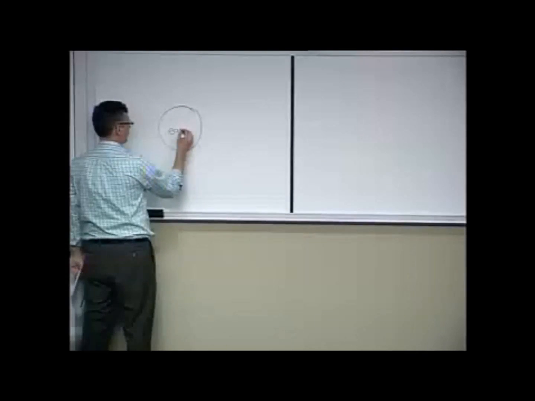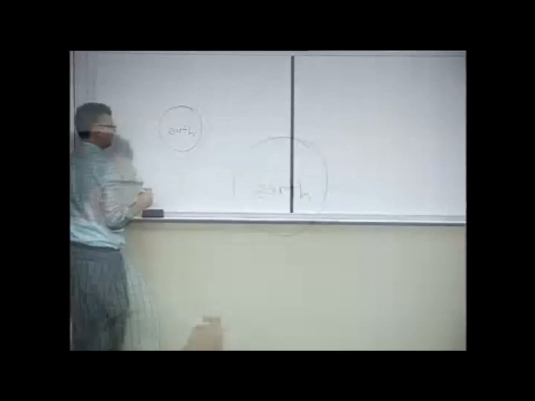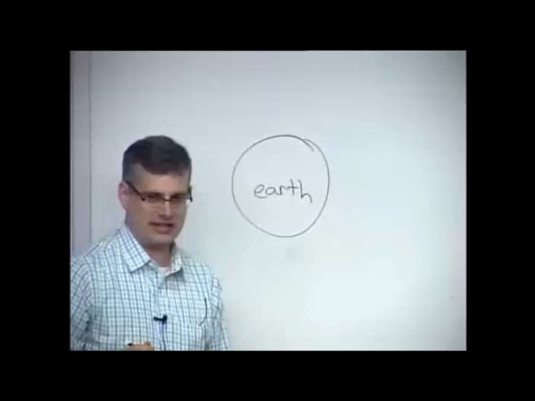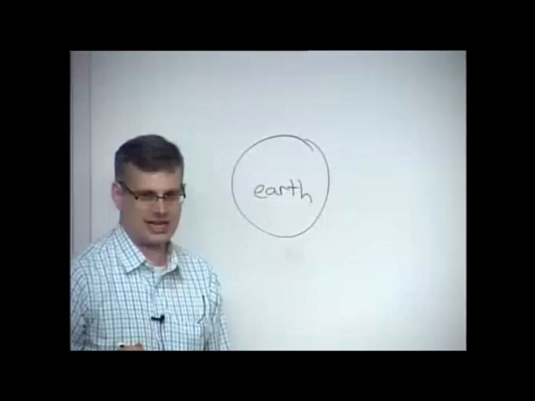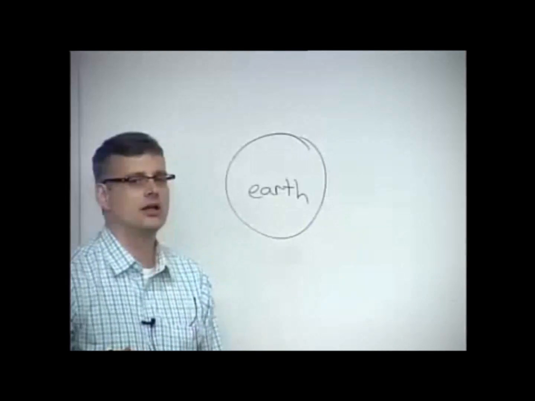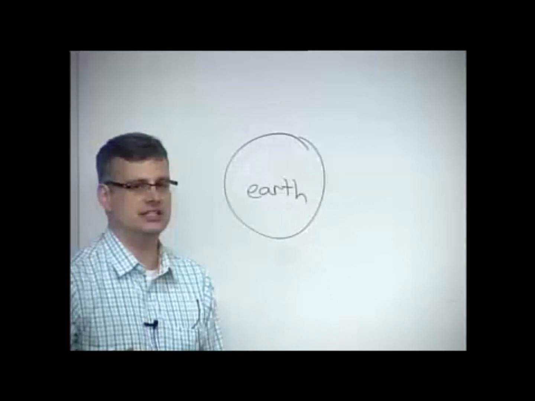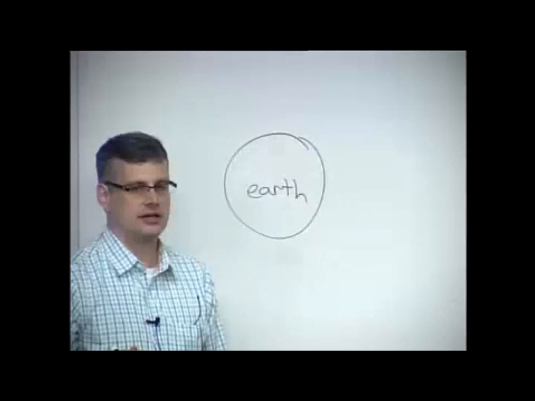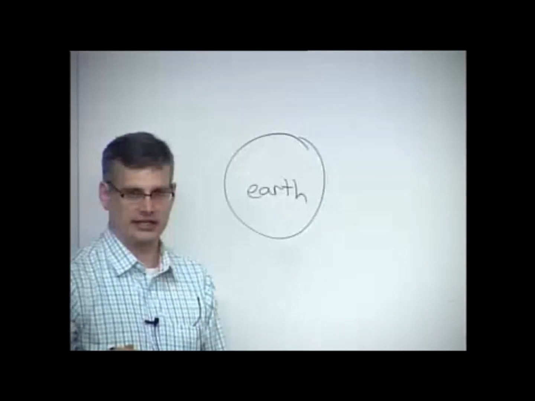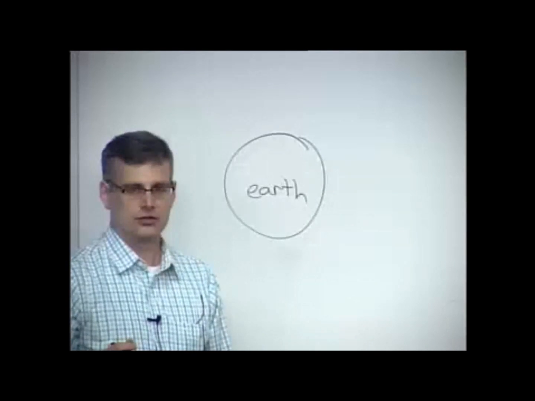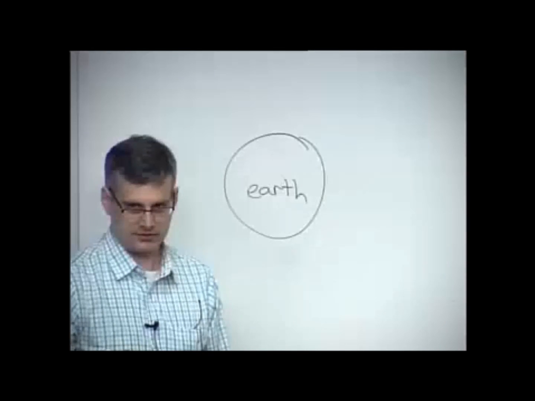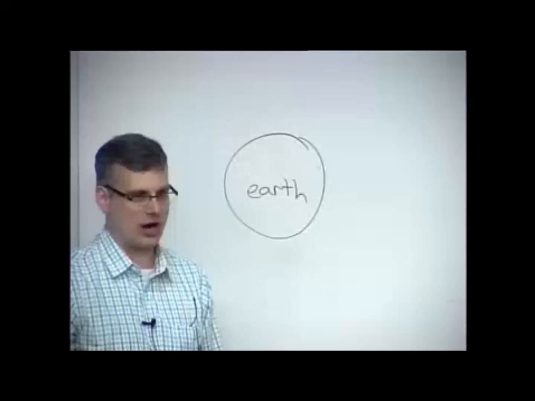We've got the Earth, and it pains me to say this, but I once had a student in this class ask me, well, how do they get spacecraft into space? And I had to pause for a second, and I had to say, rockets. Does everybody know that? You need a rocket to get into space.